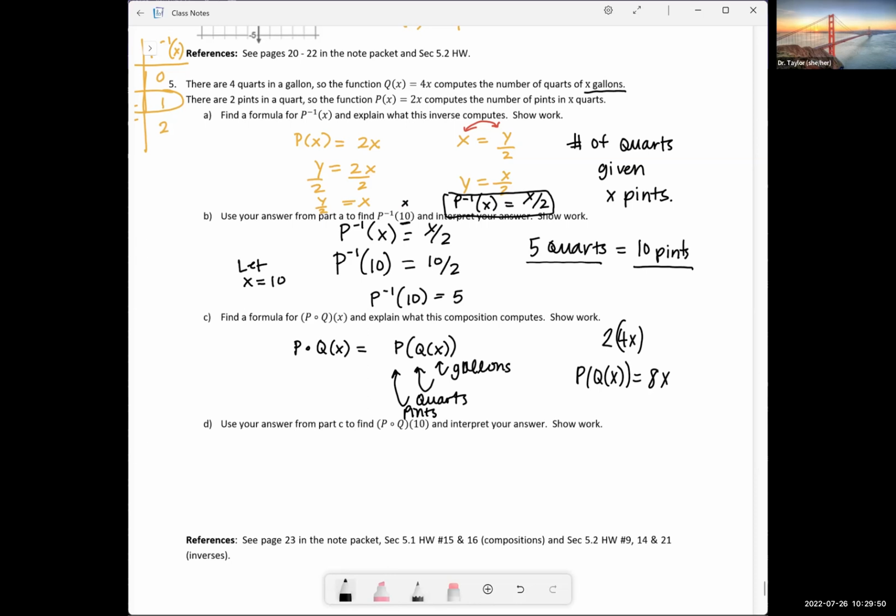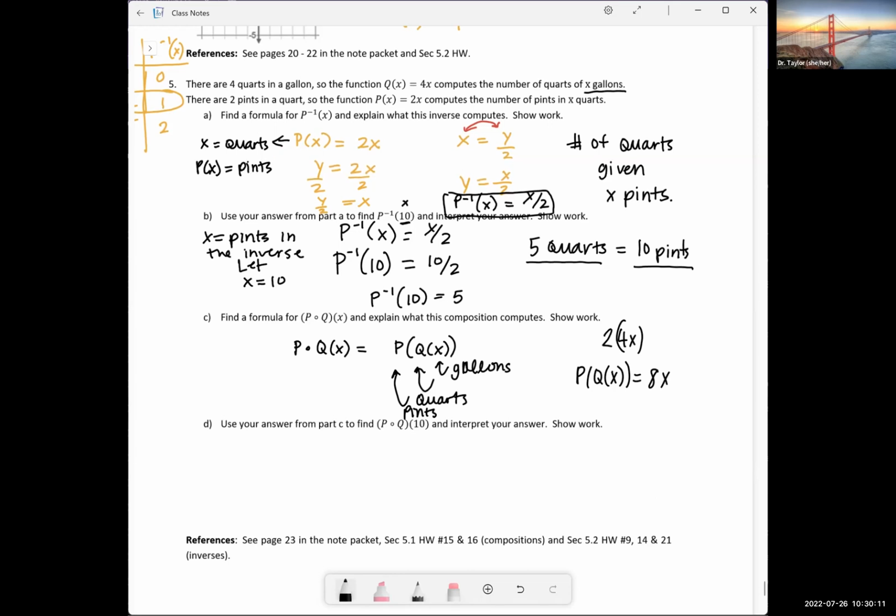Because X represents, in this case, pints in the inverse equation. Because in the straight equation, the original function, X represents the number of quarts. And our output is pints.